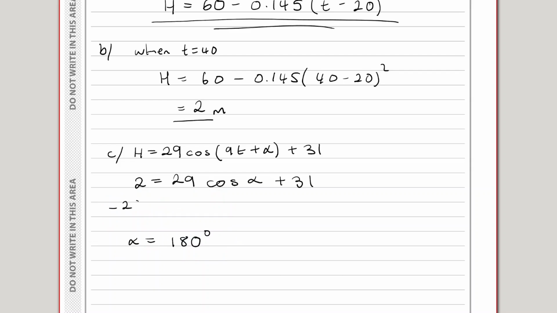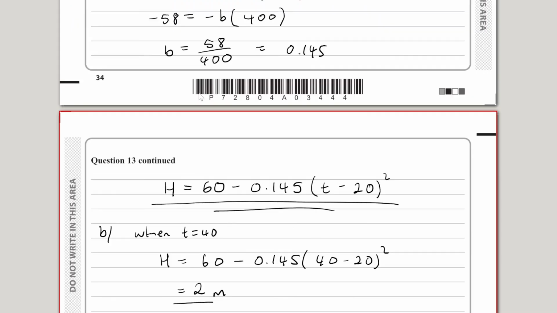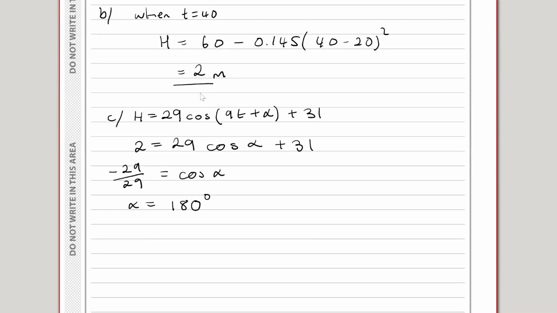So negative 29 over 29 equals cos alpha. Alpha is 180. And the complete model is h equals 29 cos 9t plus 180 plus 31.